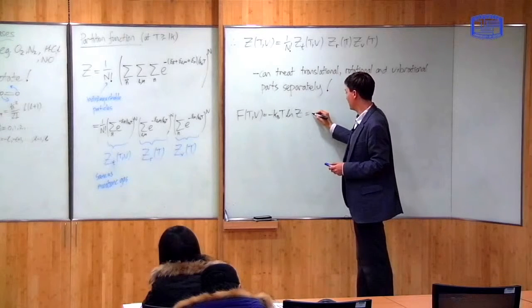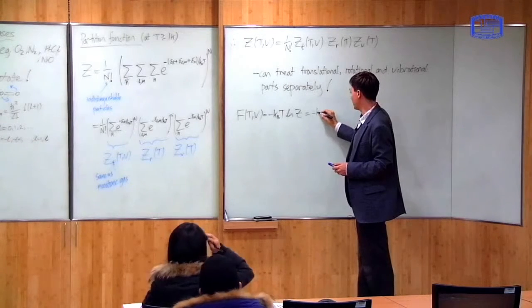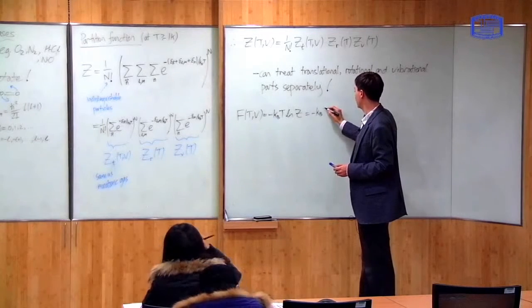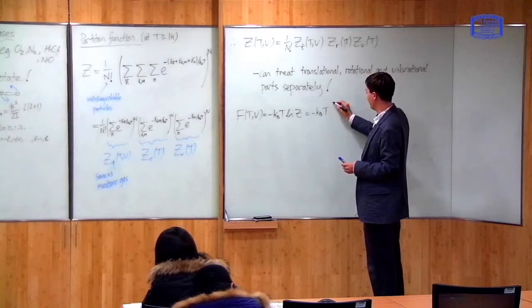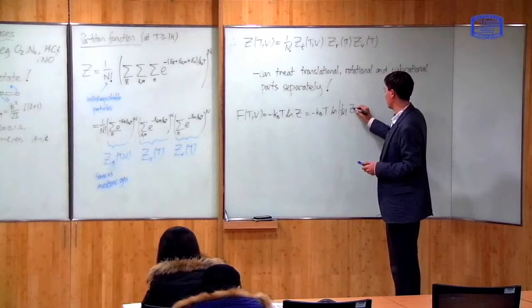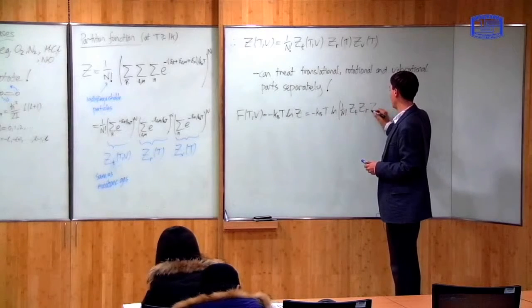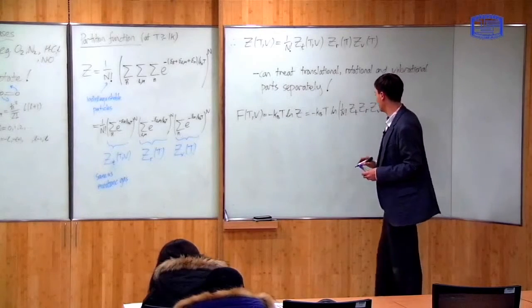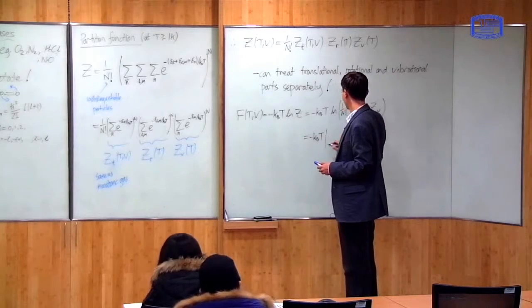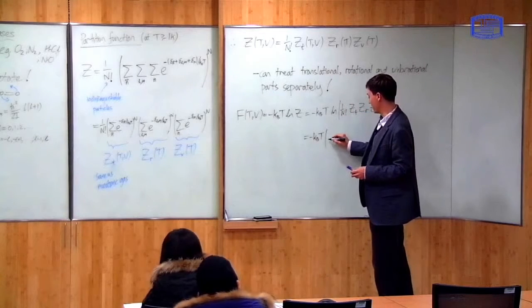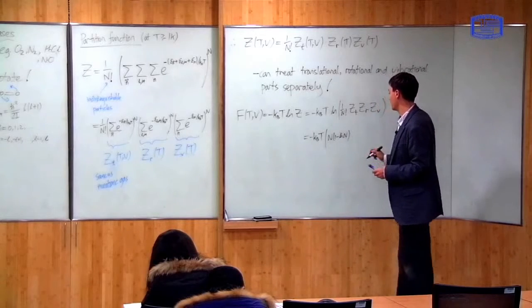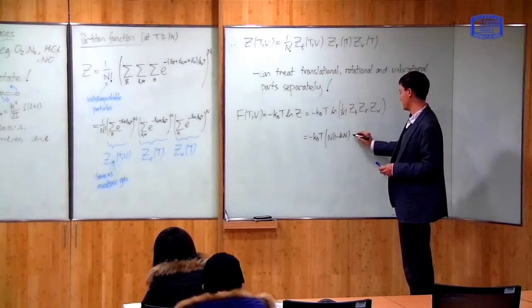So this is minus kBT, let me write it in shorthand, minus kBT log of 1 over n factorial times ZT times ZR times ZV.